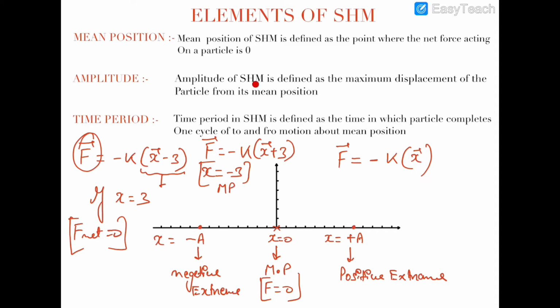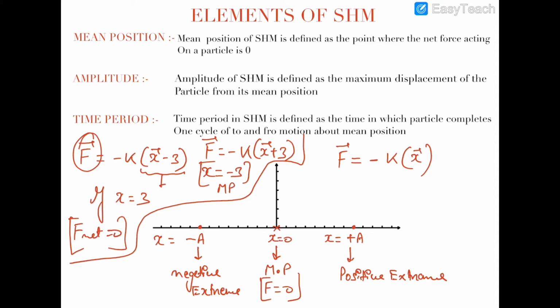Now what is the amplitude? Amplitude of SHM is defined as the maximum displacement of the particle from its mean position. In this case, we have already assumed that this motion represents the equation F = -kx, and therefore the mean position of this motion is x is equal to 0.